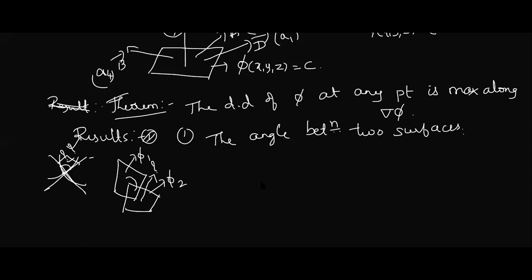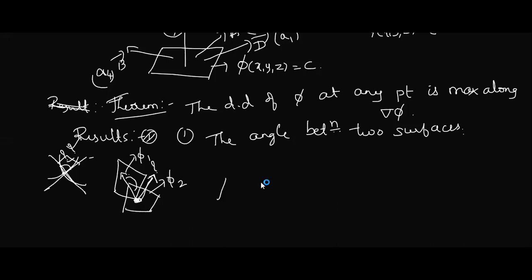Suppose these are intersecting at some point, this point. At this point, for this surface, we draw a vector perpendicular to it. Similarly, for the other surface, at the point of intersection, we draw a vector perpendicular to the surface. Can you tell me, if I draw a vector perpendicular to this surface phi 1, what this will be? Try to get my point.